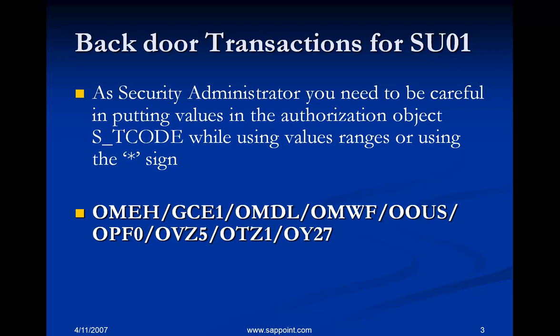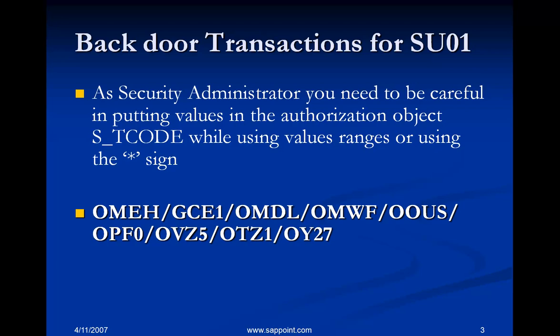What it means is the user is going to get access to any transaction code that begins with the alphabet A till any transaction code that begins with the alphabet S, or whatever the upper limit is. So the problem in giving ranges is that the user will get more access than he or she would need.